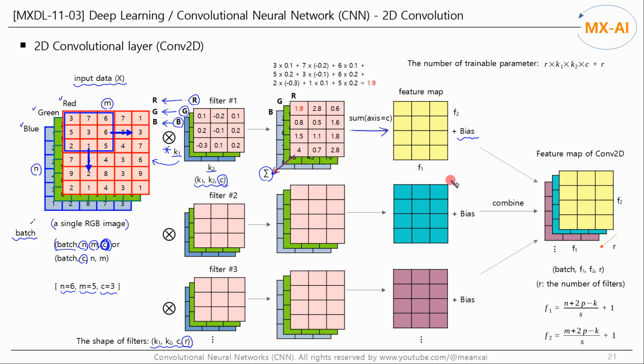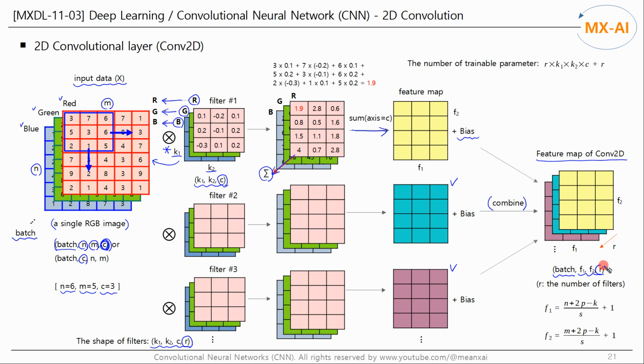Each of the R filters produces a feature map as follows. Combining these feature maps into one produces the final feature map, which is the output of the 2D convolutional layer. The final feature map for a single RGB image has a 3-dimensional structure like this. Therefore, the feature maps of multiple RGB images have a 4-dimensional structure.